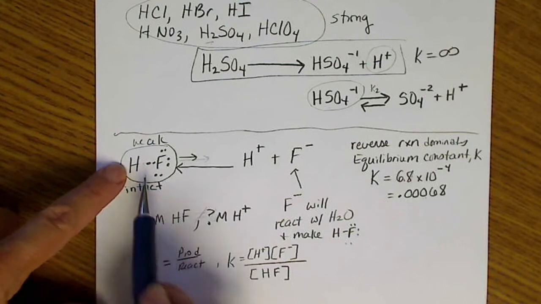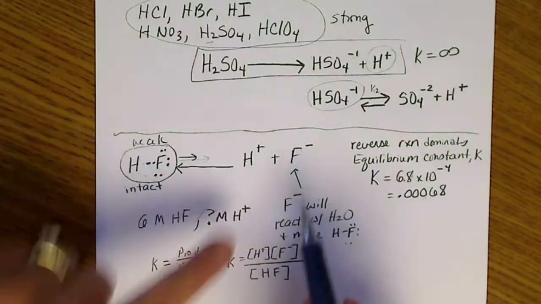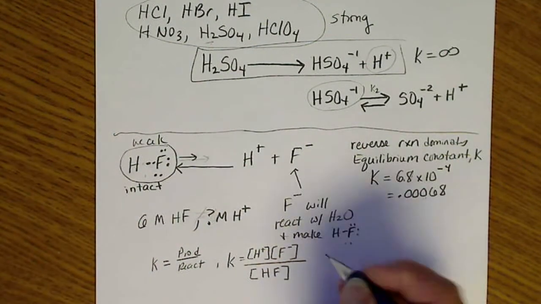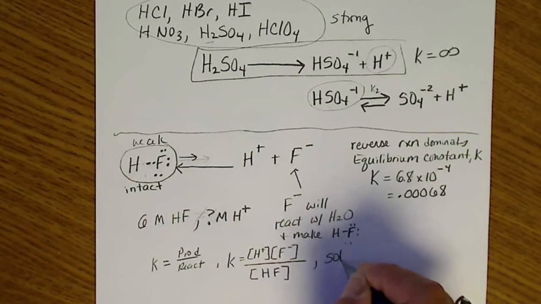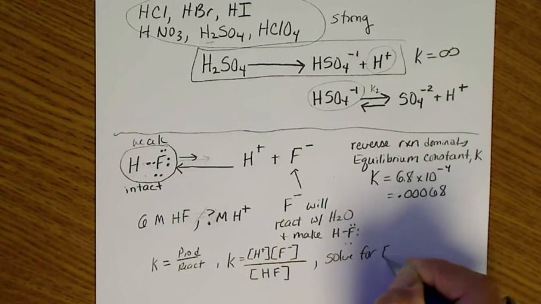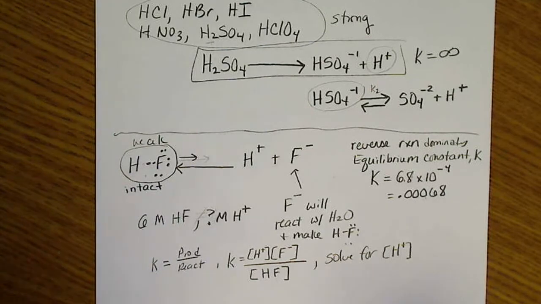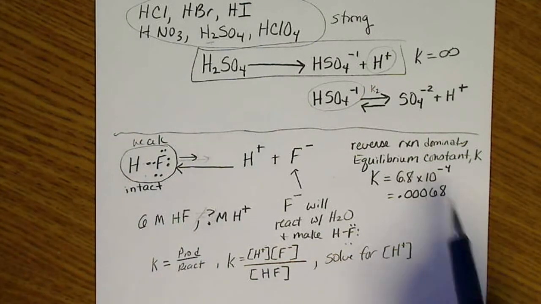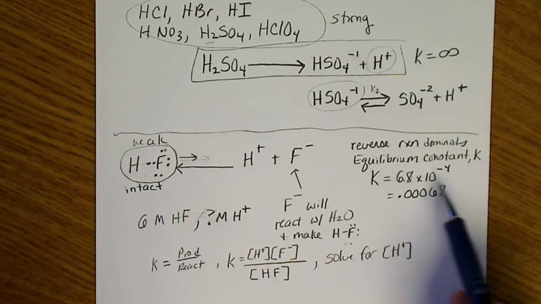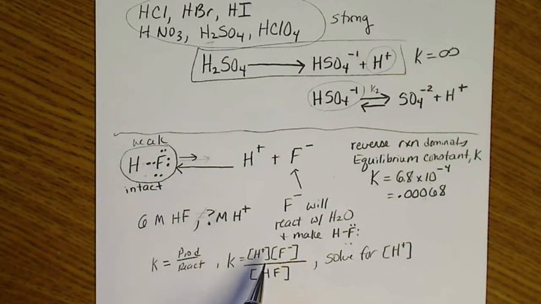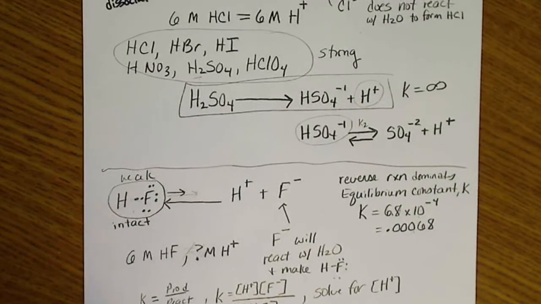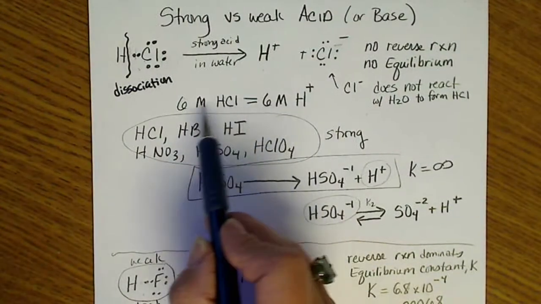So the reactants go in the denominator and the products go in the numerator. So here we'll end up having to solve for H plus. So that's not really difficult to do, but it's going to be a little bit more difficult to calculate pH because we have to look up the equilibrium constant in a table and solve for the H plus concentration. So we're not going to have this case here.